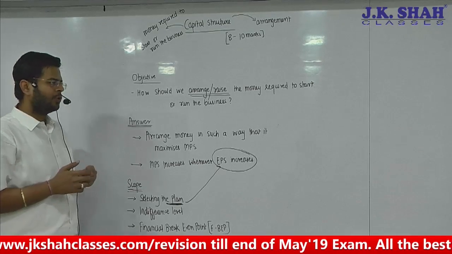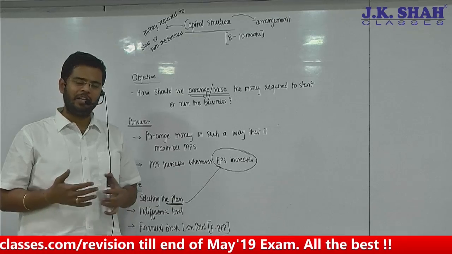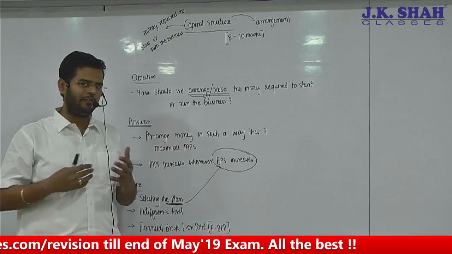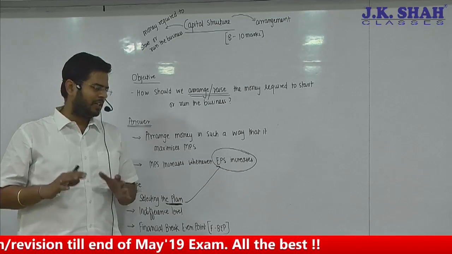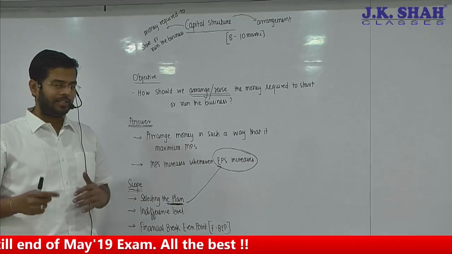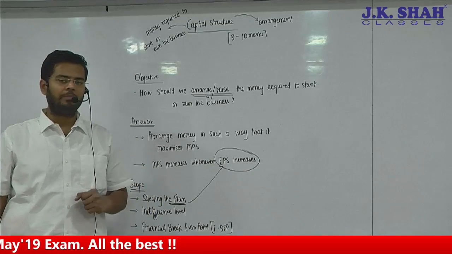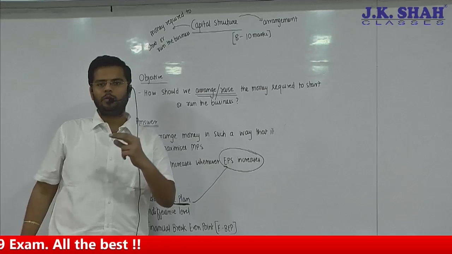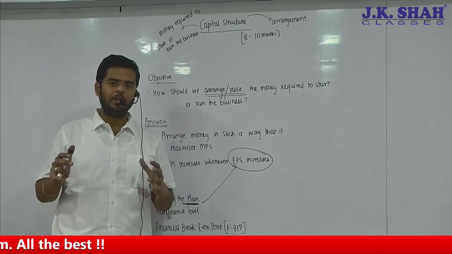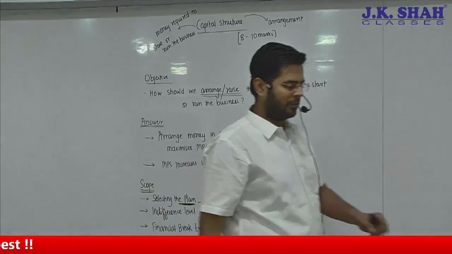We will take up sums and understand all these calculations while solving the sum itself. But definitely this is the basic crux of the entire chapter. So let's take up question number 1, based on this chapter of capital structure. I'll be going a bit slow so that we cover all the concepts of this chapter in that same sum itself. So let's understand now question number 1.